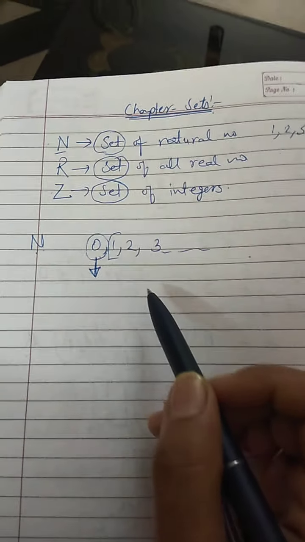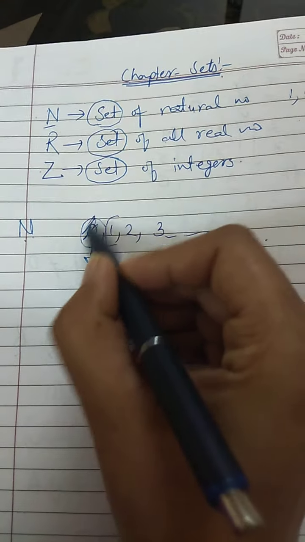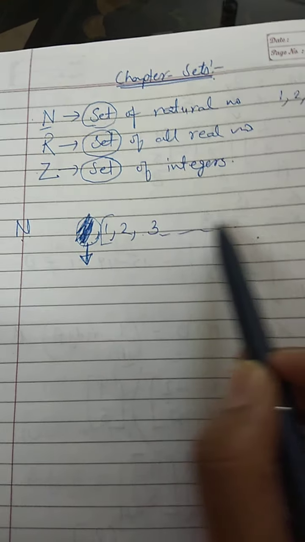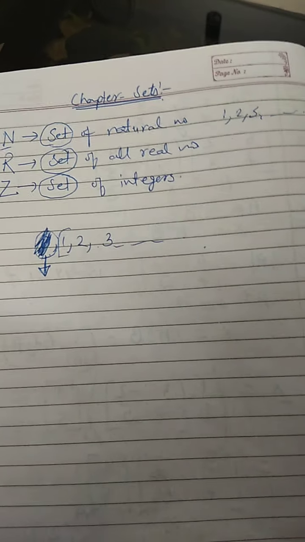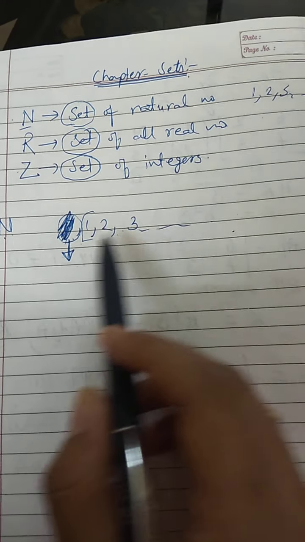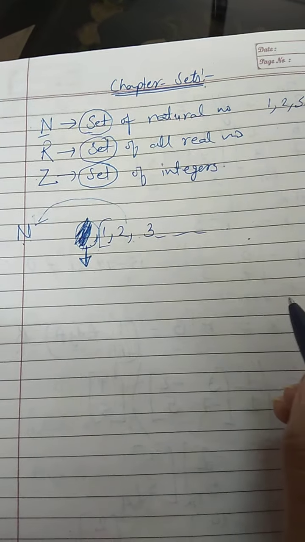So this collection is not well defined. But once I remove this 0 and start 1, 2, 3, 4, 5, 6 and so on, there is no end. Now when I look at these numbers, everyone will immediately say this is the set of natural numbers.